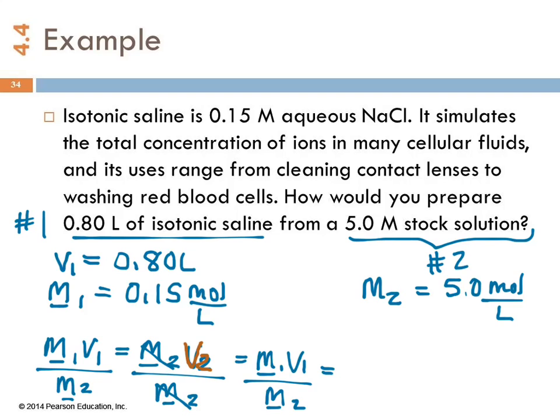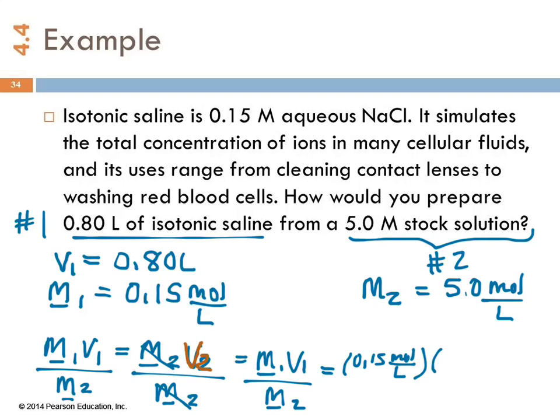Now let's plug in our numbers. Always include the units, okay? Because sometimes we're going to have to fix up the units, and if we don't write them into the equation, we might not notice. So M1, 0.15 moles per liter.